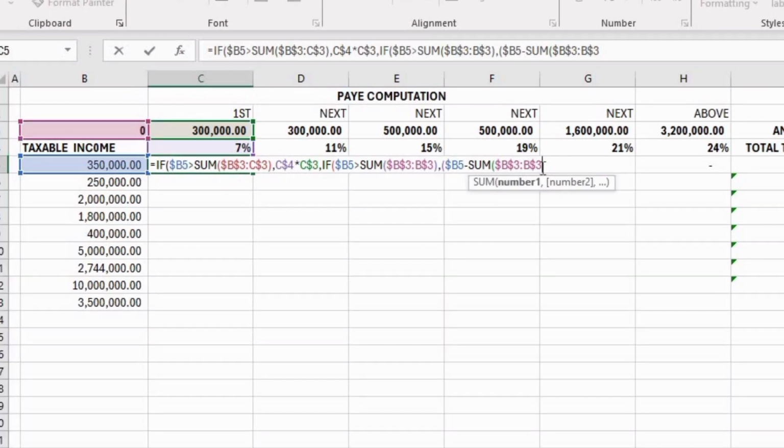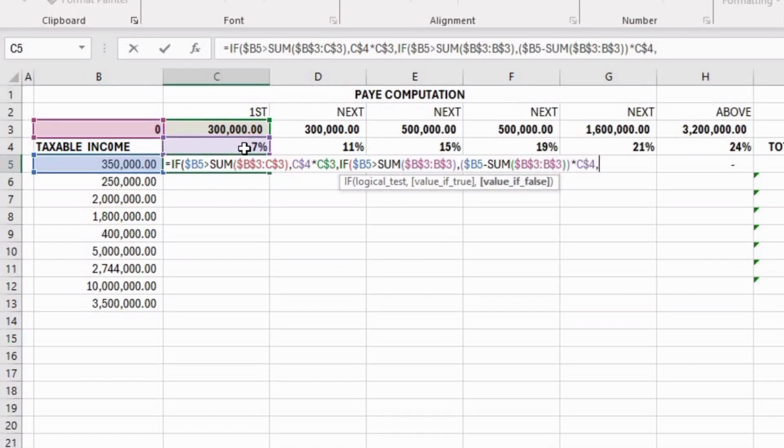Please note that the formula calculated for the excess amount should be put inside its own bracket times the rate following, which in this case is 7%. That is cell C4, and we'll be fixing just the row.